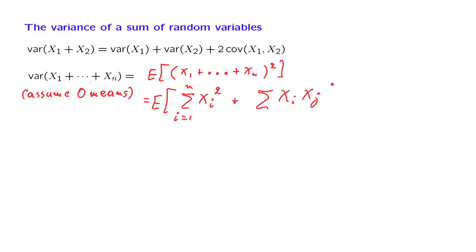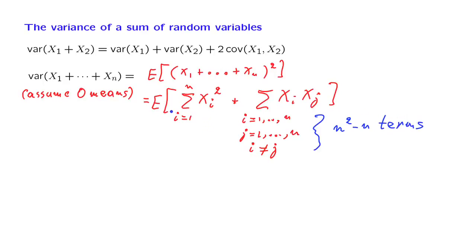And we obtain one cross term for each choice of i from 1 to n, and for each choice of j from 1 to n, as long as i is different from j. So overall here, this sum will have n squared minus n terms.